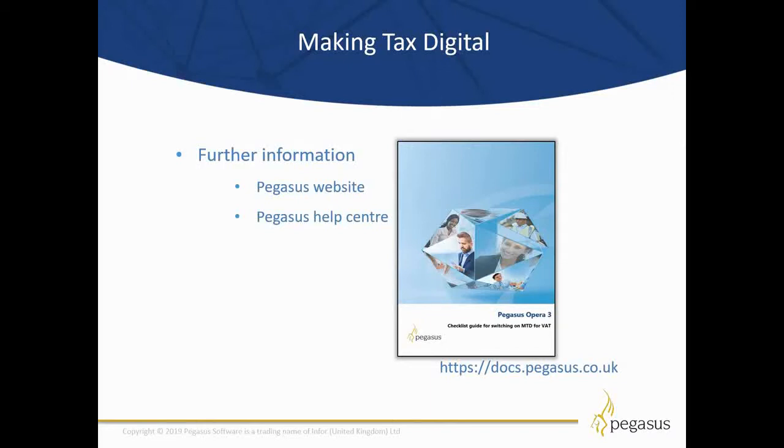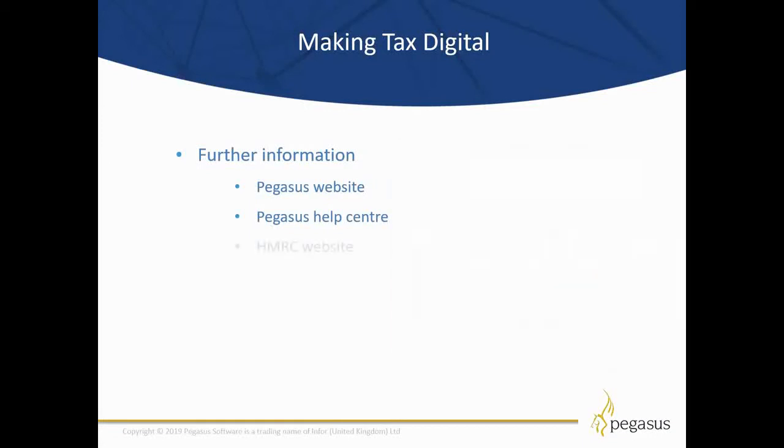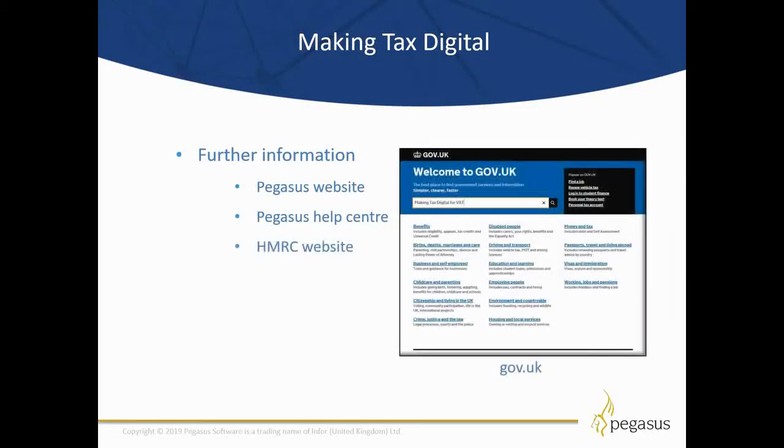And next, the sequence you'll need to go through to set up Opera 3 to be MTD enabled. And finally, submitting that VAT return through to HMRC. So, a complete guide to implementing MTD in Opera 3. The checklist guide also includes a simple flow diagram that covers the entire process, worth looking at before you start this journey into MTD.